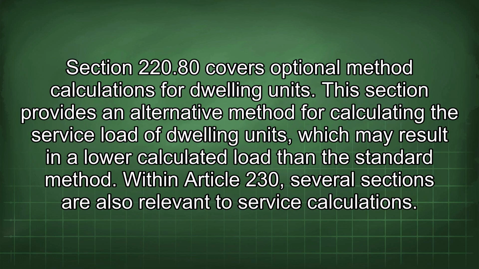Section 220.80 covers optional method calculations for dwelling units. This section provides an alternative method for calculating the service load of dwelling units, which may result in a lower calculated load than the standard method. Within Article 230, several sections are also relevant to service calculations.